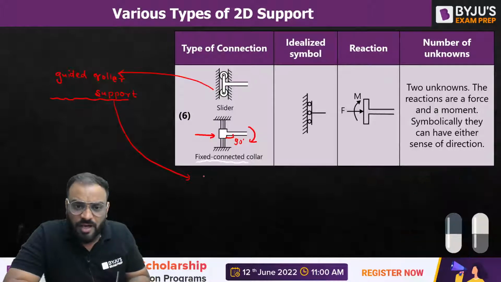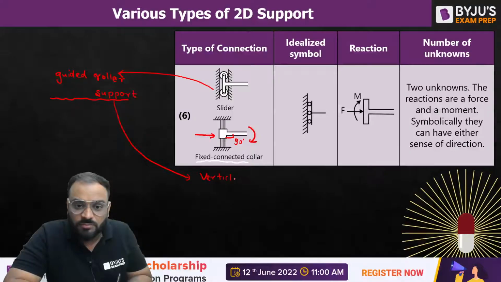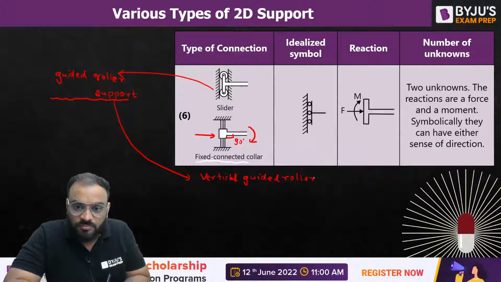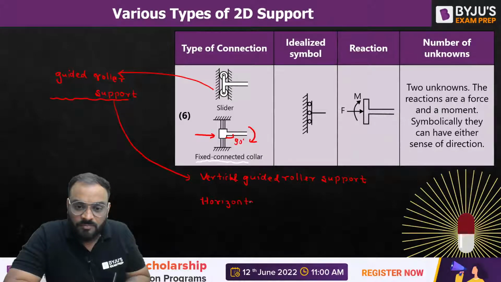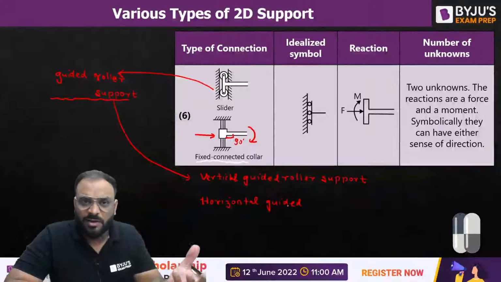One is vertical guided roller support, and the other one is horizontal guided roller support, or you can say vertical slider and horizontal slider.